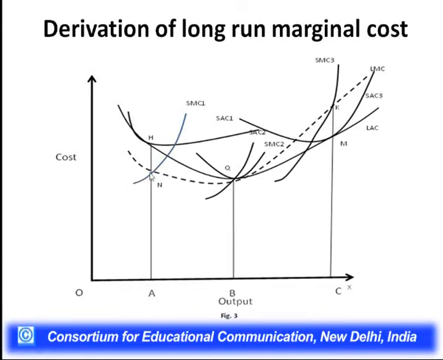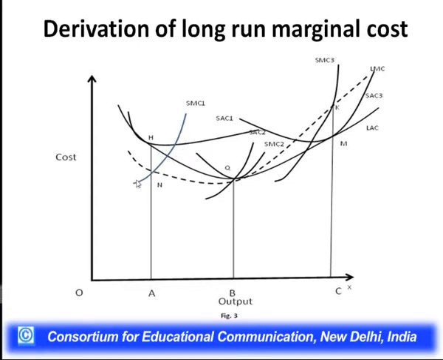How? We can show this in figure 3. In figure 3 we have shown output on the x axis and cost on the y axis. This LAC is of U shape, and we draw the 3 SACs, SAC 1, SAC 2 and SAC 3, and we know MC cuts AC at its minimum.